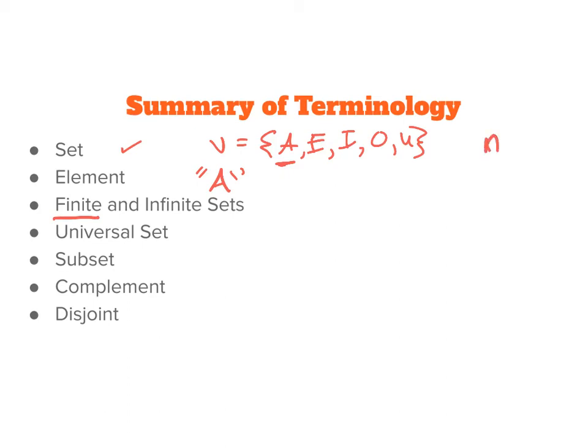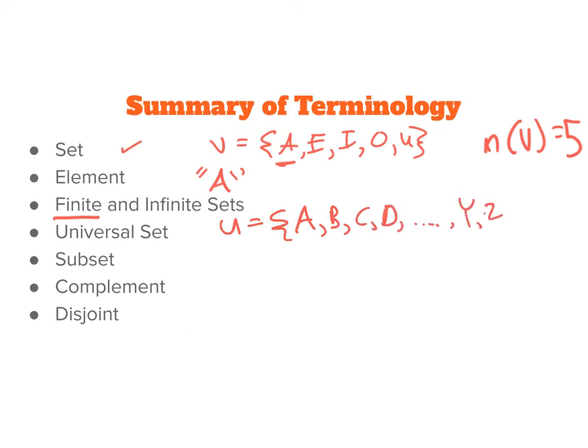In fact, the number of items in this finite set V is equal to 5. We just count it. The universal set is all of the elements under consideration. So if we were talking about the English alphabet, this would be A, B, C, D, etc. all the way up to the letter Z.